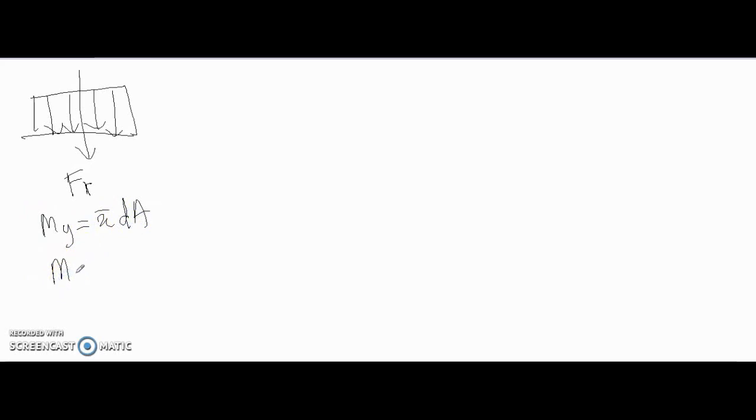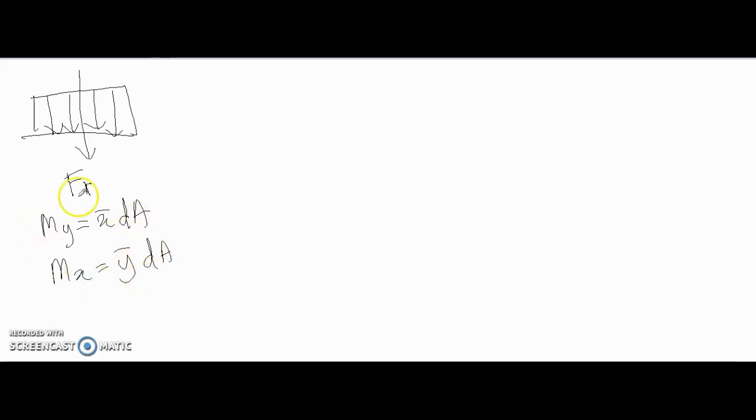So from the concept of distributed load, okay, we can define the resultant force here, and we get, we call it the first moment of area with respect to the y-axis, x bar dA, and then the first moment of area with respect to the x-axis, y bar dA.